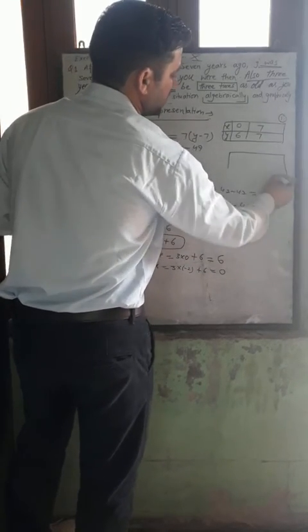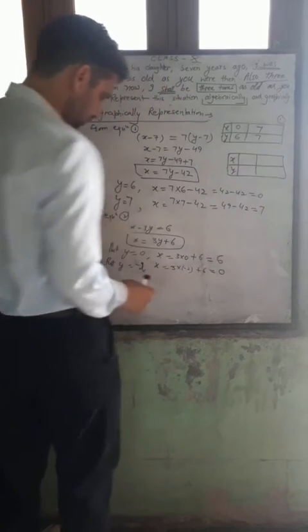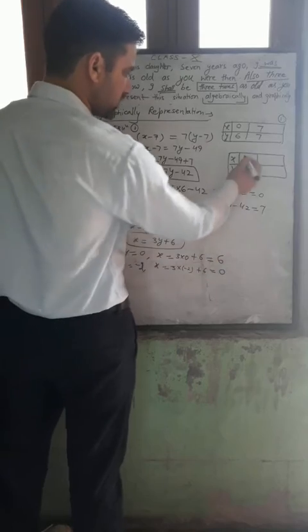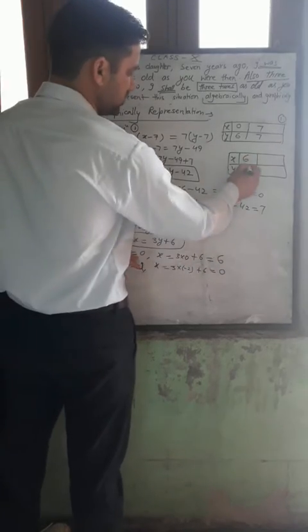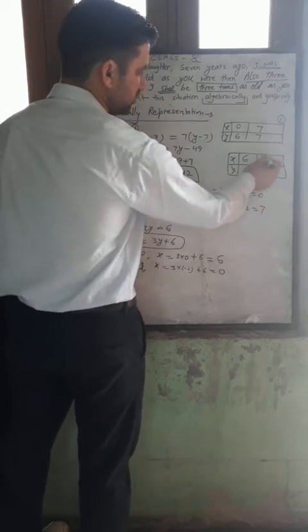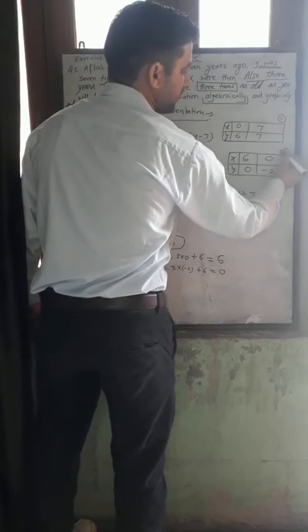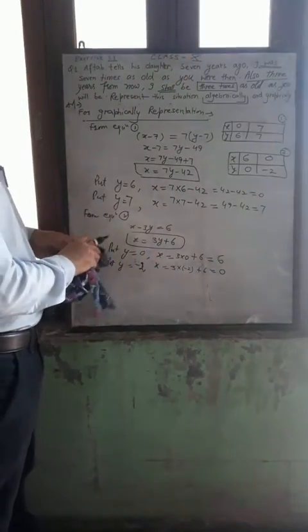Now for equation 2, we make a table x, y. When x is equal to 6, then y is equal to 0. When y is equal to -2, then x is equal to 0. Okay. From these two tables we draw the graph.